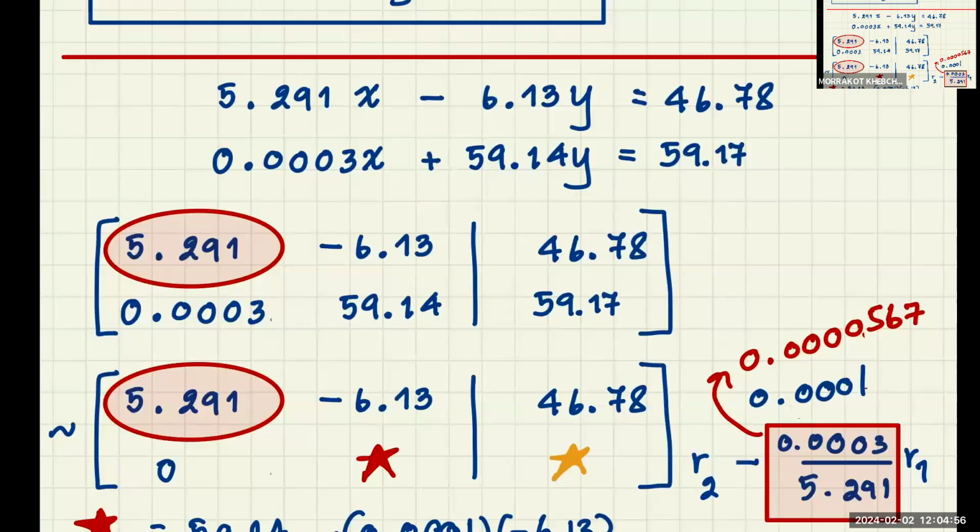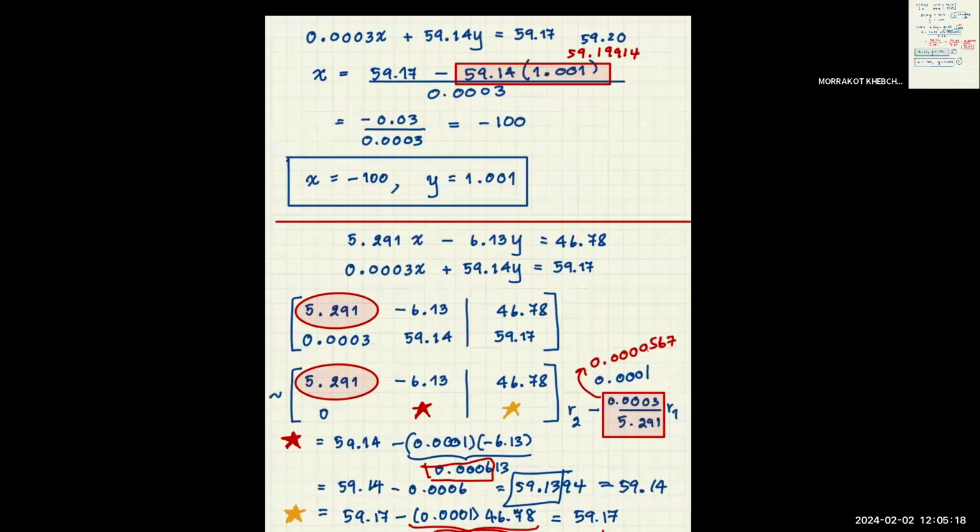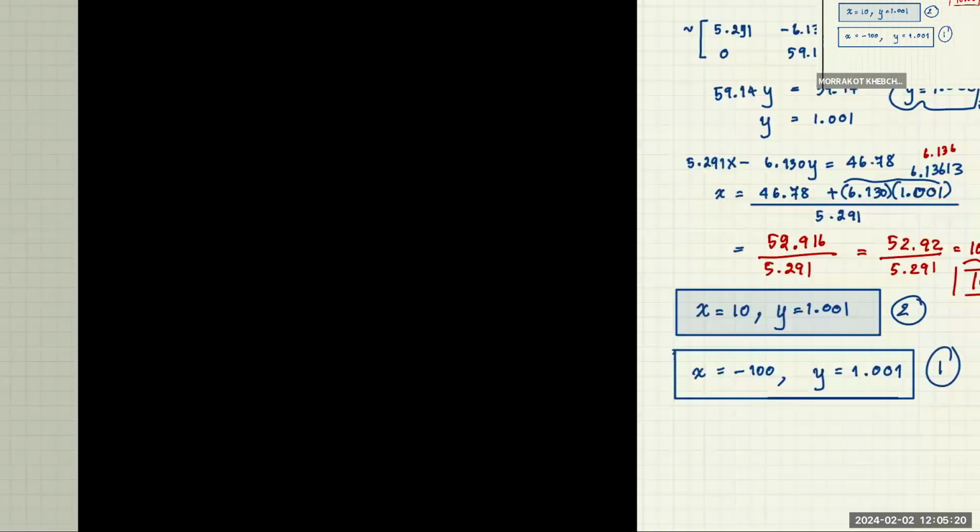The difference between system number 1 and number 2 is only that I swap the equations. I do the same procedure. I'm sure that we didn't make a mistake, okay? For both problems. And I came up with different solutions.